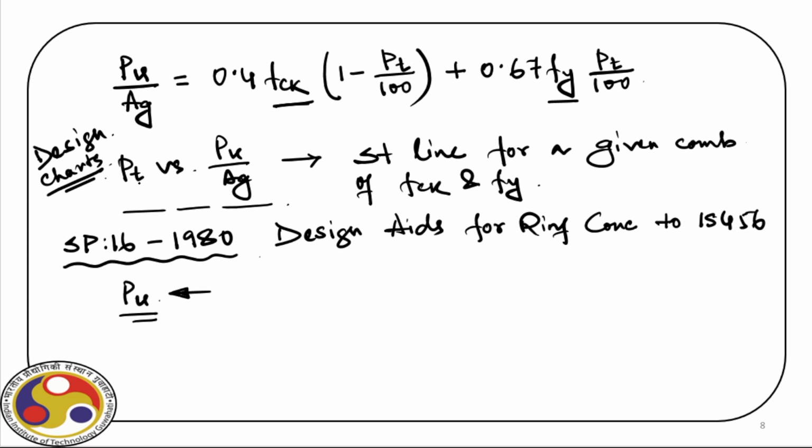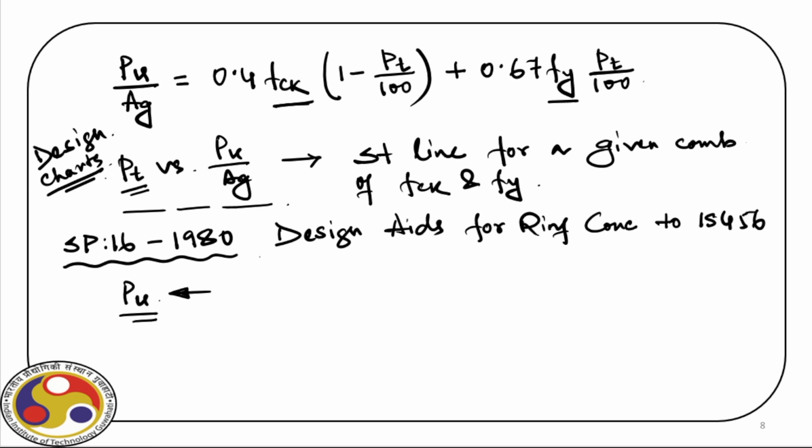Now, either we can start with the design value of the ultimate load and find out Pt, or we can propose a Pt and then we cross verify whether the sectional capacity we have is sufficient enough to withstand the design.